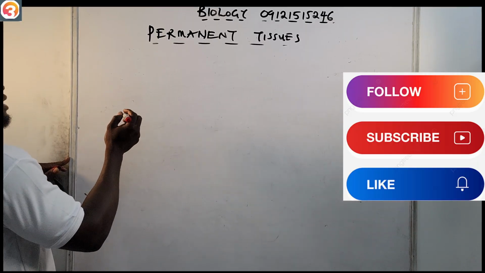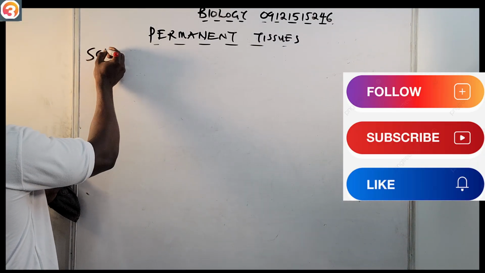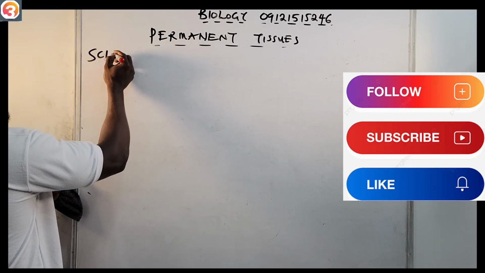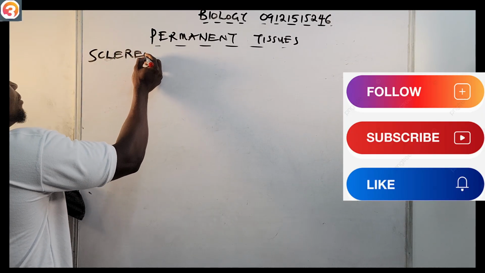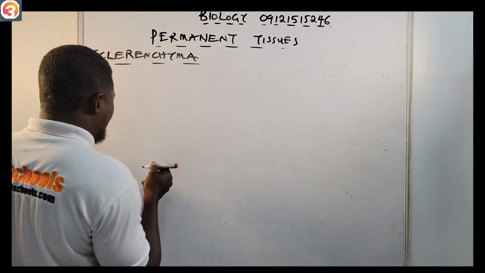Now let's quickly see the third simple permanent tissue, which is Sclerenchyma.